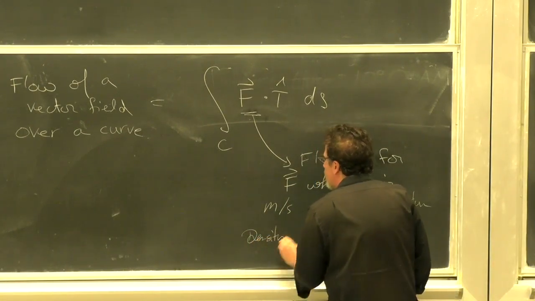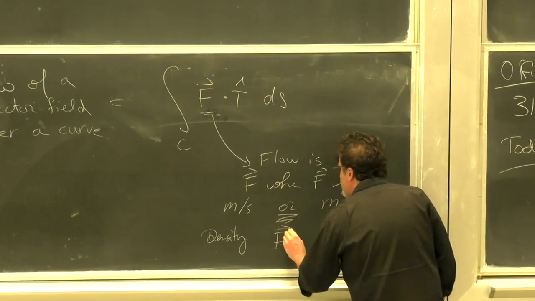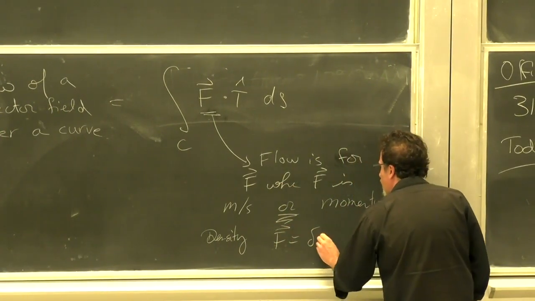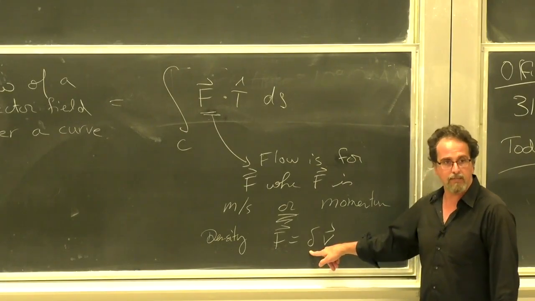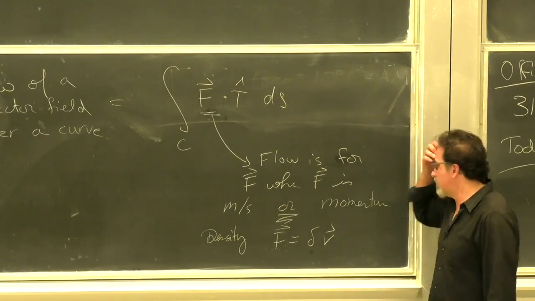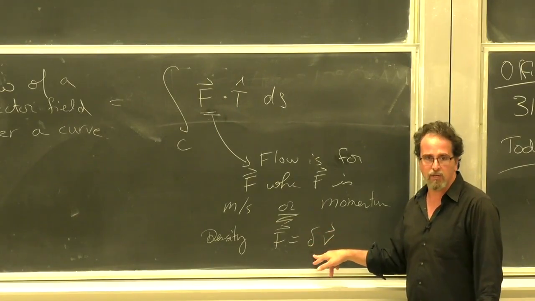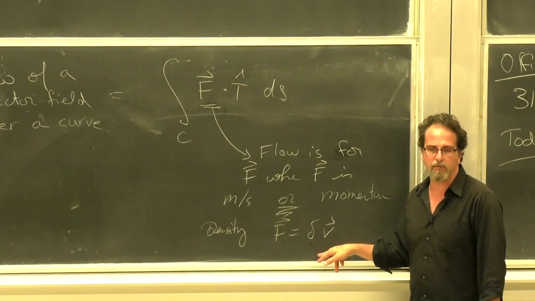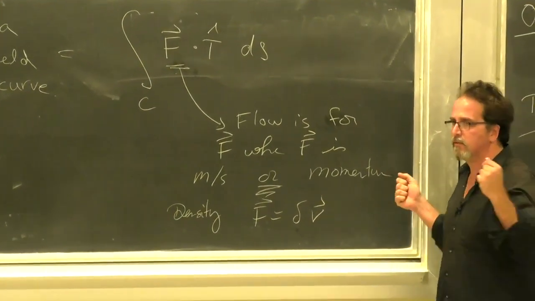What momentum density is, is when the vector field F is equal to a density delta times a velocity vector field. It's like a mass density. Think about this for something like water, where this is kilograms per cubic meter, or grams per cubic centimeter. The density of water in grams per cubic centimeter is 1.